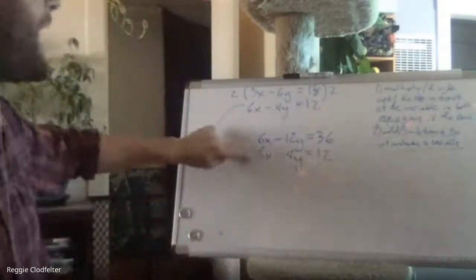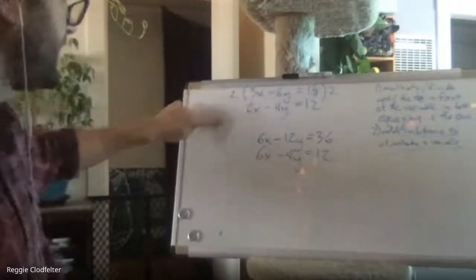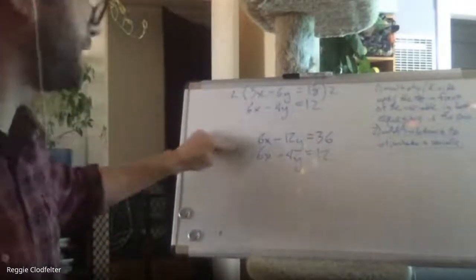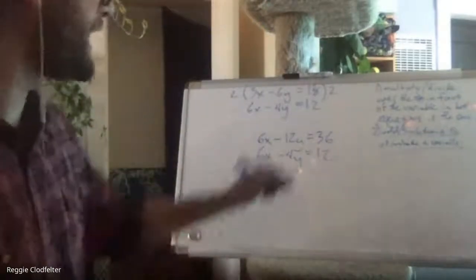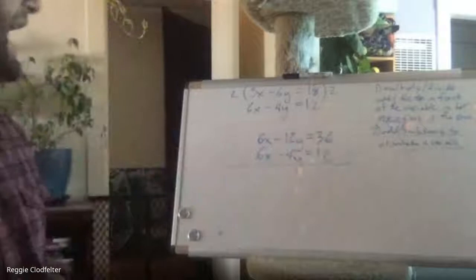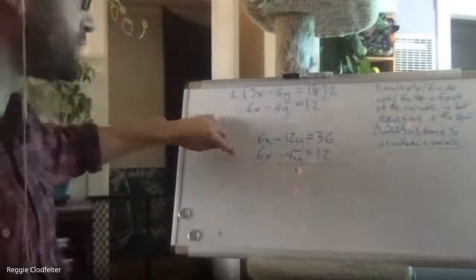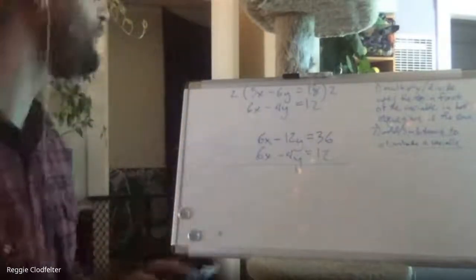So remember, my goal in elimination is to eliminate one variable. That's the whole point. So to know whether or not I subtract or add, the question is, would subtracting or adding get rid of one variable?